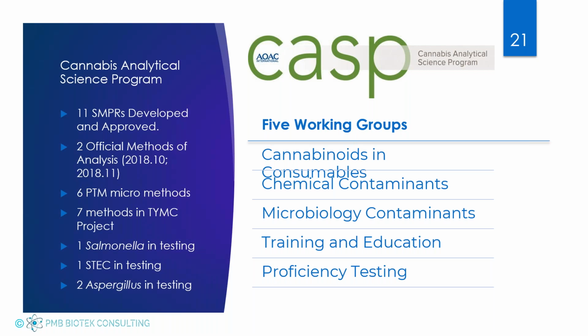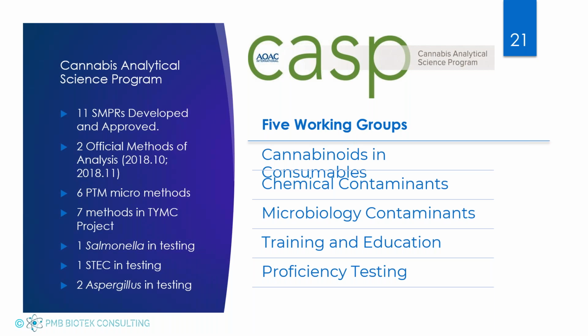And so rather than being an end-all be-all SMPR that covers any type of product, it's very specific to a certain commodity. Whereas our micro working group is really, the way we develop it is looking at target analytes, and then it's applicable to pretty much any method that's out there.